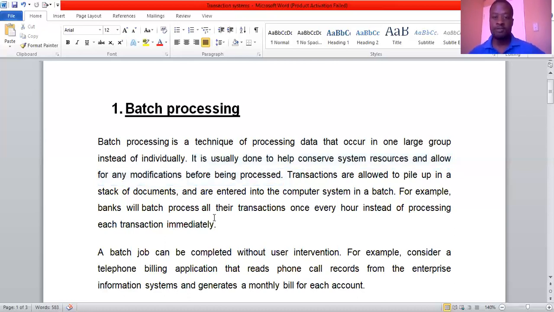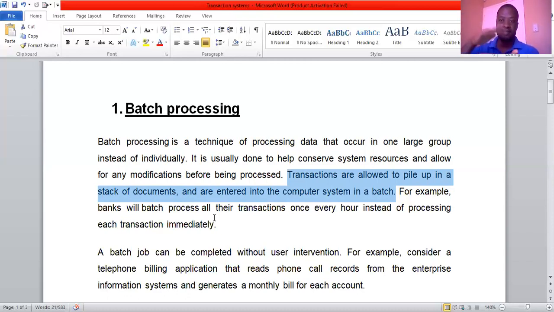Okay, so the transactions are piled up in a stack of documents and are entered into a computer system in a batch. Your transactions are piling up. It's like you are saving them, and then it becomes like a stack of documents, like when you pile books up. So that's basically how this batch processing system works.